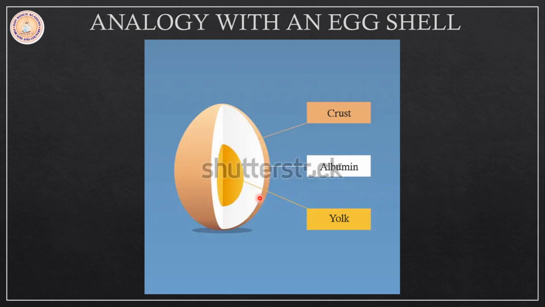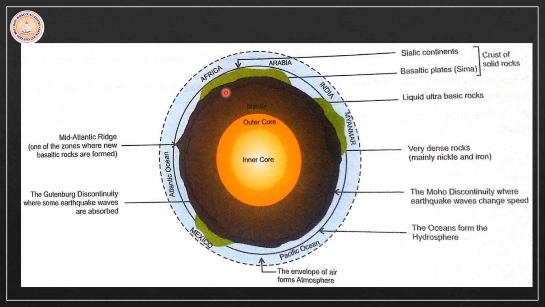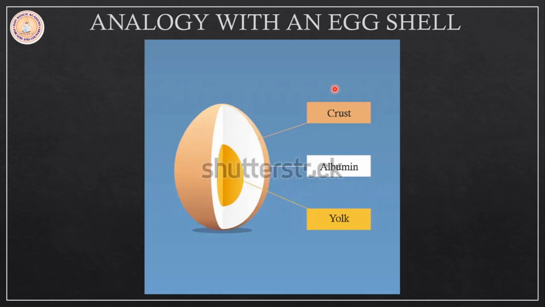While the crust, which is the outermost layer of the earth, is the thinnest, just like an eggshell, which is thinnest and the most fragile.